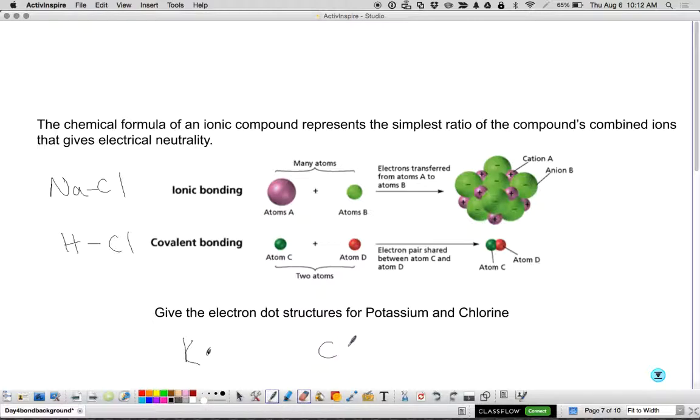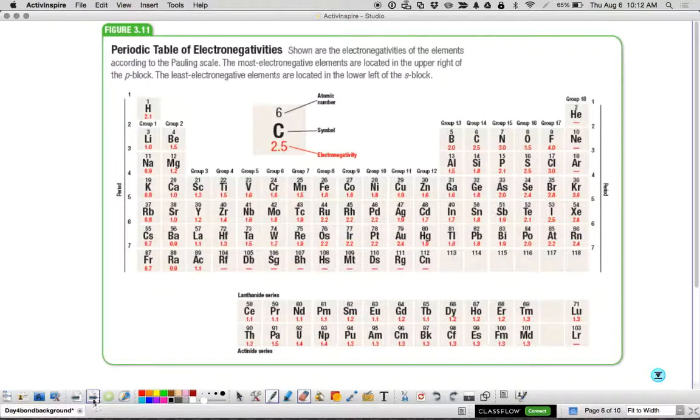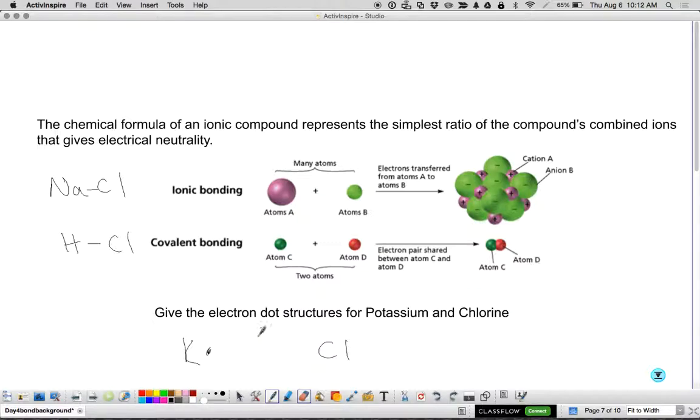And since I can look at this and say, all right, there's a big difference in electronegativities here, this is going to be an ionic bond. So rather than sharing, the potassium is going to give up its valence electron so that it has an octet now.